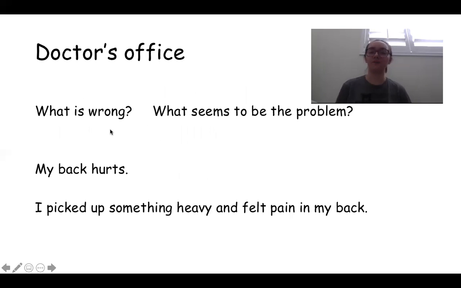So in the doctor's office, they ask you, what is wrong? What seems to be the problem? So they're using what, which means that they kind of want to tell you, even though they're using the word what instead of why, they want you to explain the pain that you're in or something that happened to you.